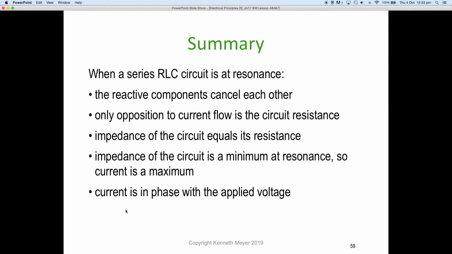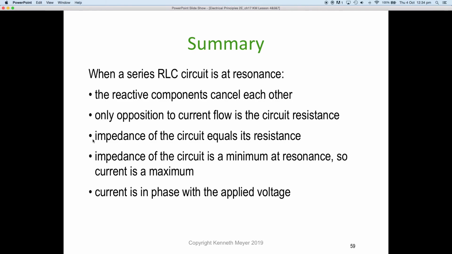So in summary, when a series RLC circuit is at resonance, 1. The reactive components cancel each other out. Only the opposition to current flow is the resistance left in the circuit. Impedance of the circuit only equals the resistance in that circuit, because the capacitive reactance and the inductive reactance cancel each other out.